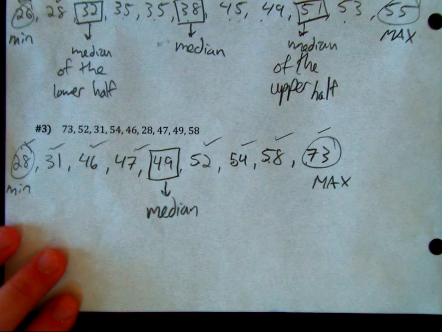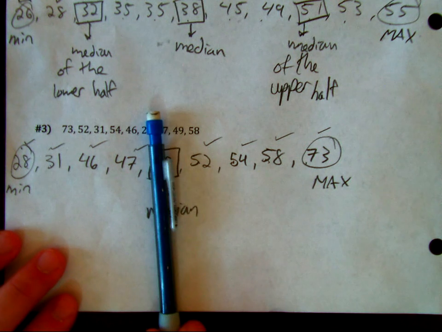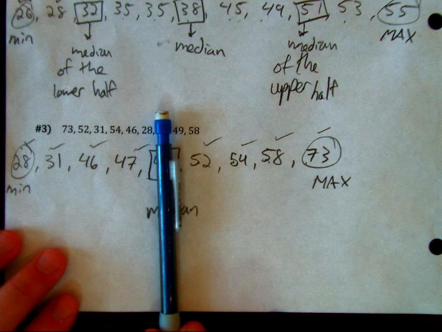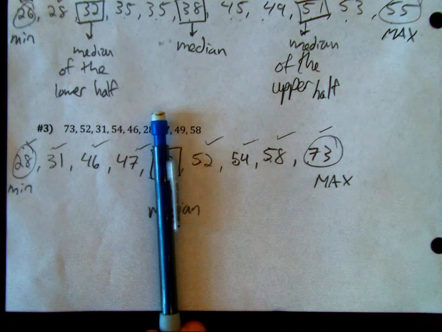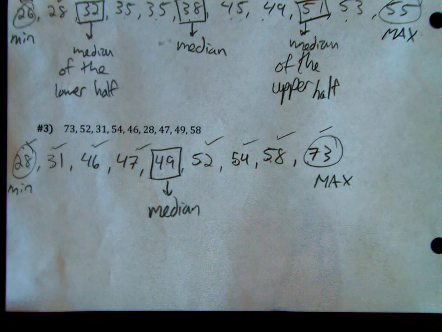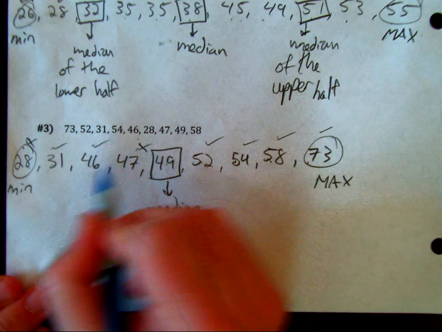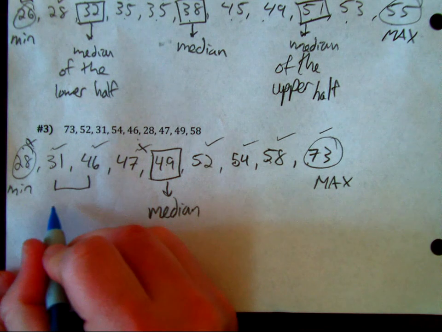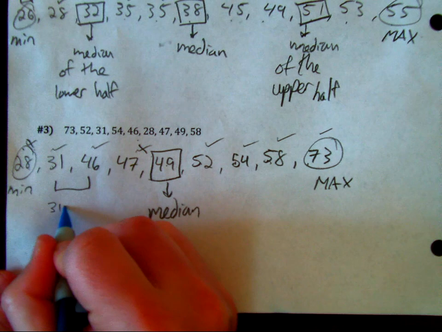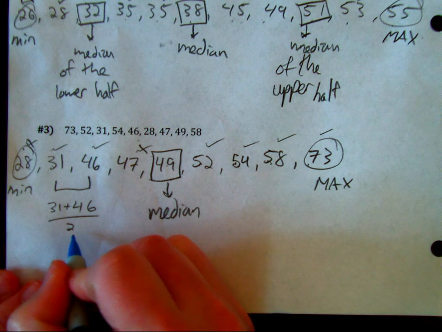Again, we use that median and break it into two parts. We now have 4 numbers on each side, so we have to take an average. When we pair off, I need to add these two together: 31 plus 46, divided by 2.